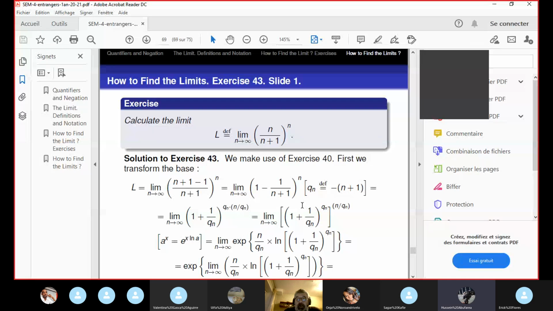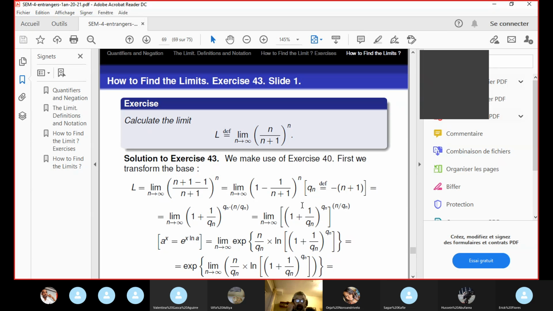So now, here we have the same trick as in the previous example. We make use of the fact that our exponential function is a continuous function. So the limit of the exponential function of something will be the exponential function of the limit.